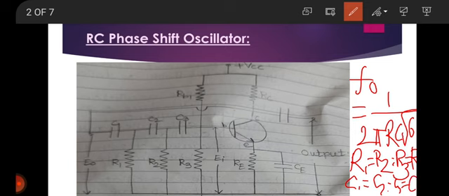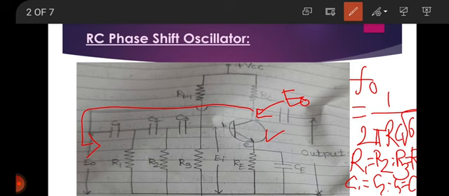Then the output E naught of the amplifier, here as we know this is a PNP transistor, so we get the output from the collector. So E naught is the output we get from the collector. The output E naught of the amplifier is fed back to the RC feedback network, that is the three sections of the RC network.